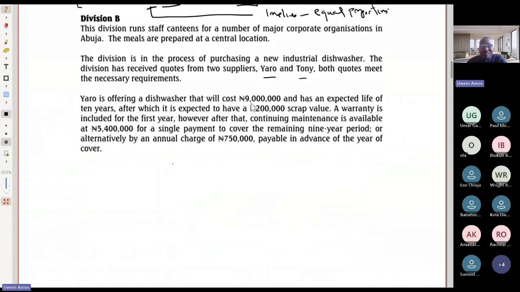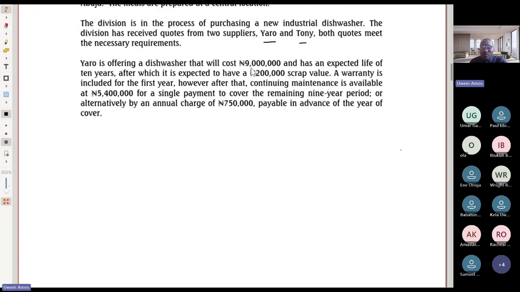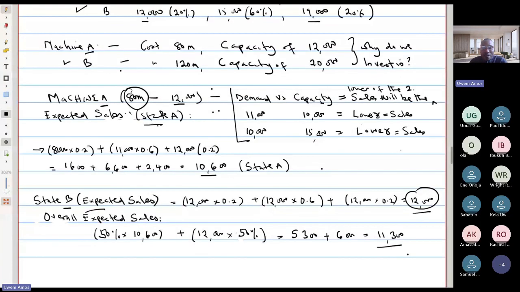It says right here that it is estimated that the two states of machine are equally likely. So they're equally likely, meaning they both have a 50% chance of occurrence. So what does that give us as the total value based on the research information?